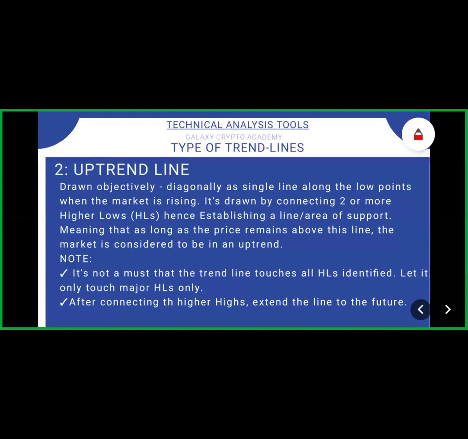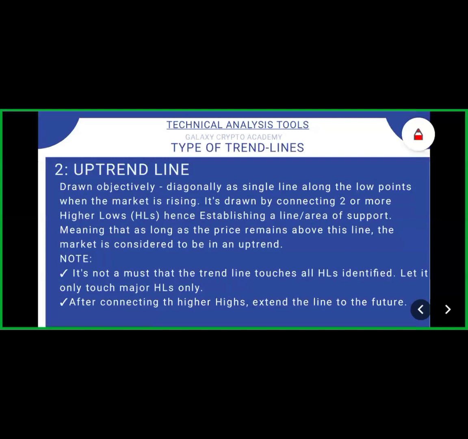Now, an uptrend trend line is the trend line you draw to monitor a rising trend or rising price in the market. You draw this objectively, and I call it objective because you don't subject your thinking while drawing these trend lines. You don't force it.